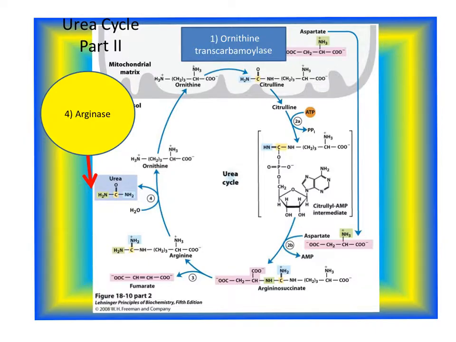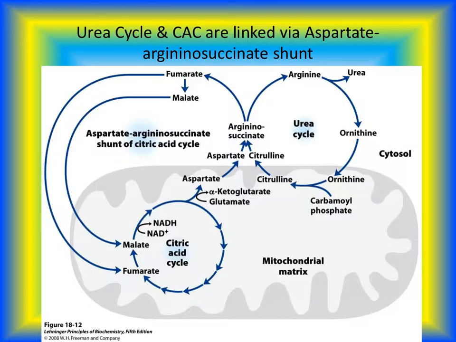All right, so the urea cycle and the citric acid cycle are linked. It's called the aspartate argininosuccinate shunt. Make sure you understand this. It looks really complicated, but it makes sense. We've actually seen all this kind of stuff before. This is the urea cycle, where we get citrulline and argininosuccinate.